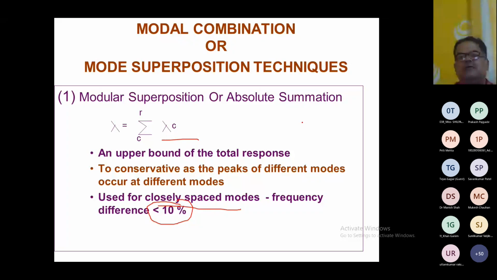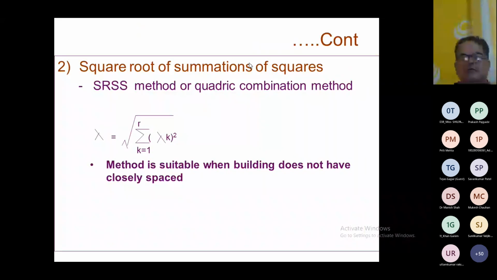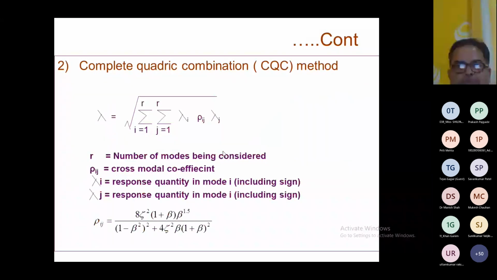So absolute summation can be done as far as the modes are concerned. And if they are not closely spaced, we go for the SRSS, square root of sum of squares, for the mode combination. And there is the complete quadratic combination, which can be applied to any case, right?